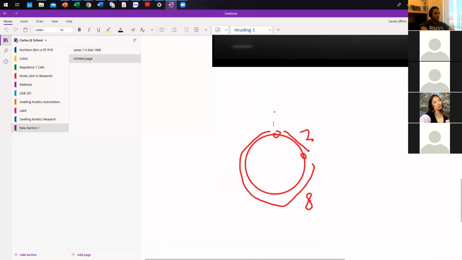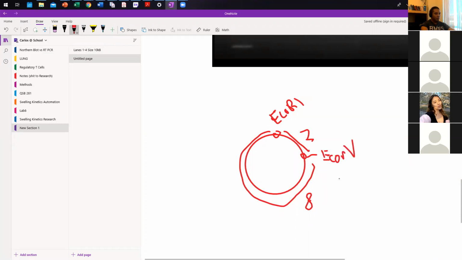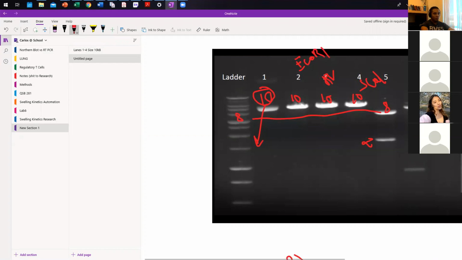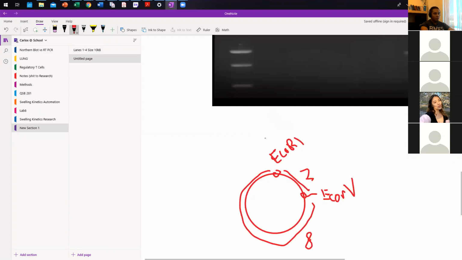So I'll call this one EcoR1, and this one is where EcoRV cut. So you know that these are supposed to be 2 apart. So then we'll look at the next lane. This is for lane 5. Now we'll look at lane 6.